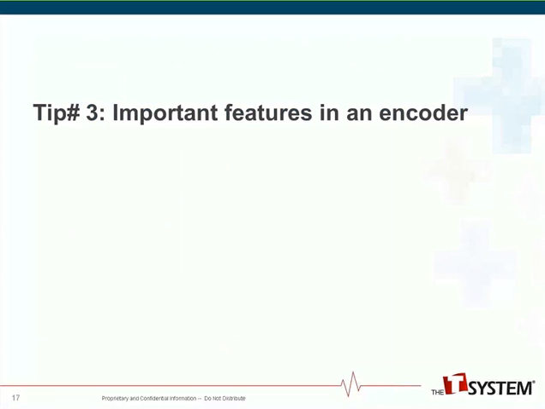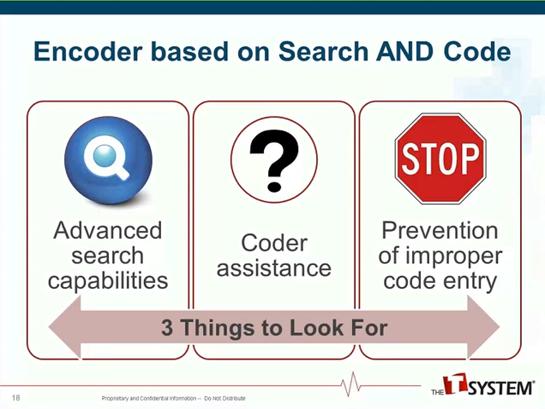So here's what to look for, keeping all those in mind. You want something that's based on the search and the code. So you talk about advanced search capabilities. Does it have a filter? Is there a way that you can say, I'm looking for fever, but I know the area that I'm looking for, so can I apply a filter to narrow down my search?